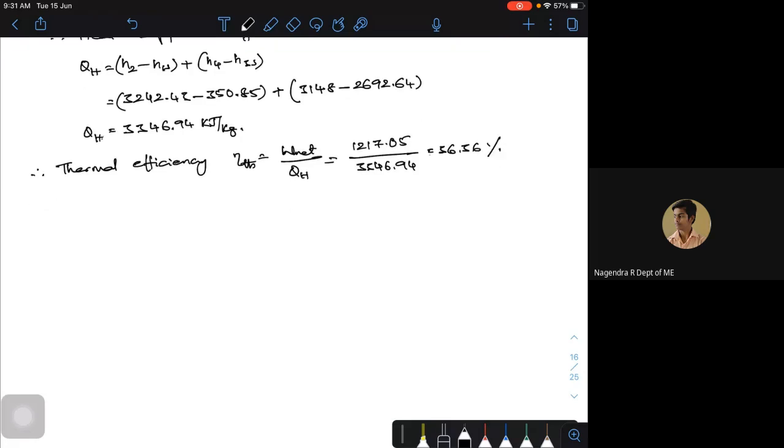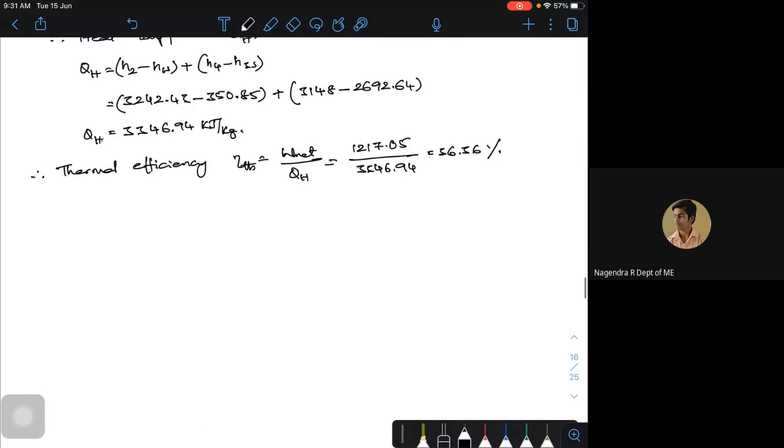The second thing, we have to find the steam rate. So what is your steam rate? If you go back and see, what is the amount of steam supplied per hour? Roughly so many kgs per kilowatt hour.